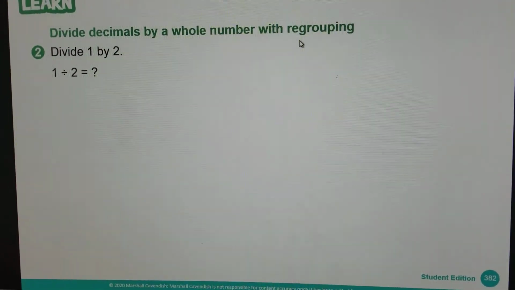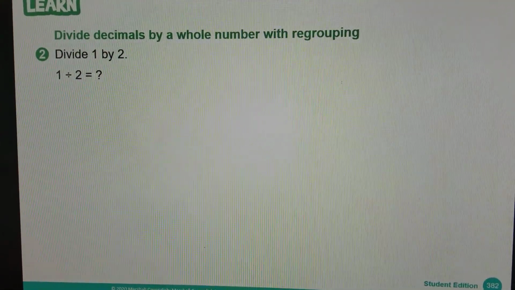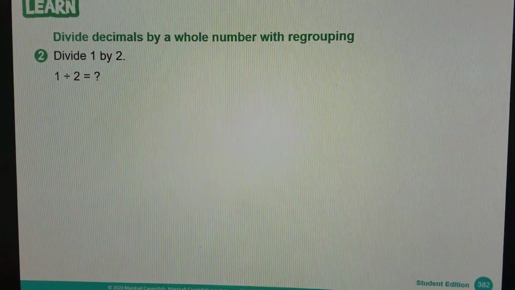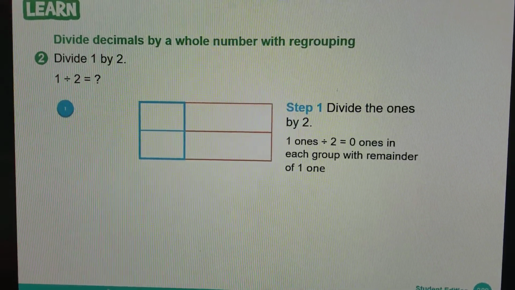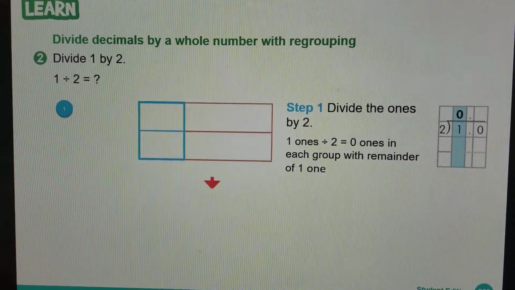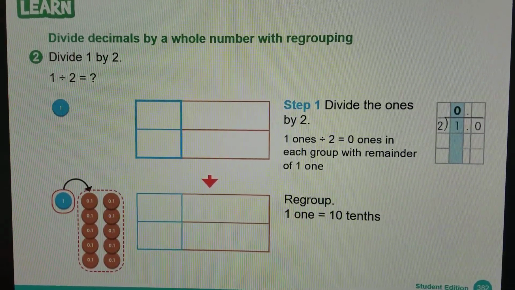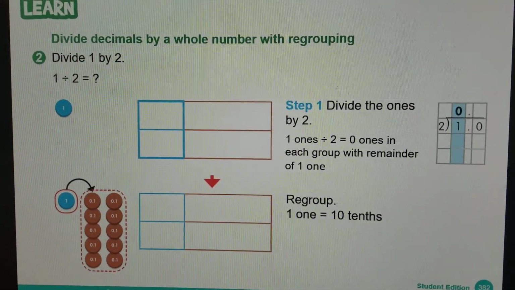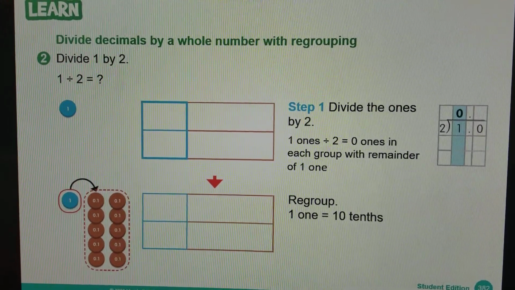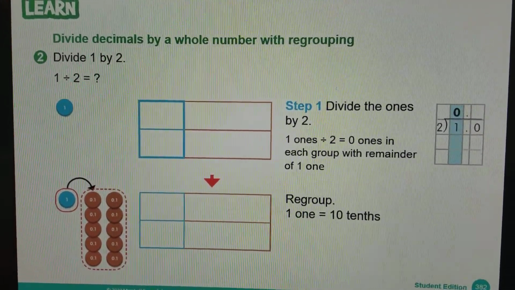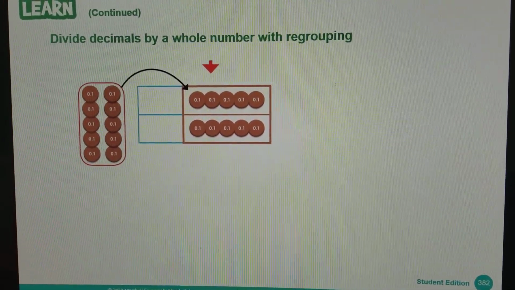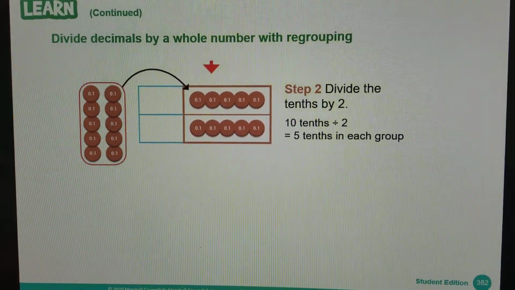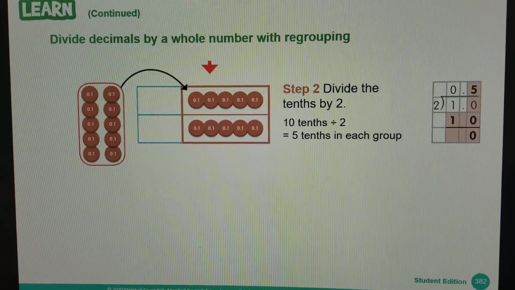So what if I had 1 of something divided by 2, right? A lot of you will figure this out in your head. But 1 whole divided by 2. So I can't divide 1 whole, but I can divide 10/10, which is the same thing. So 10/10, if I have 10 divided by 2, they'll each get 5/10.